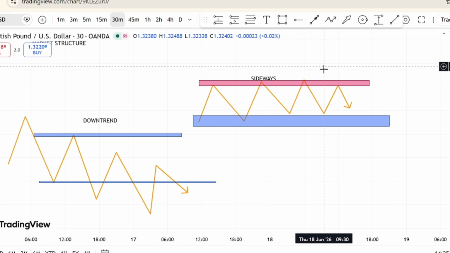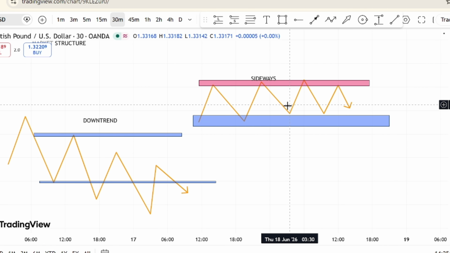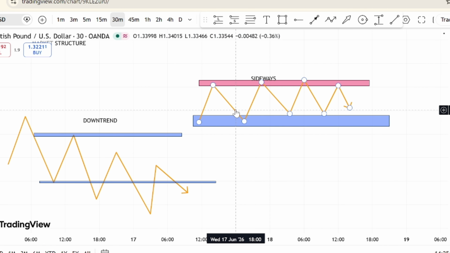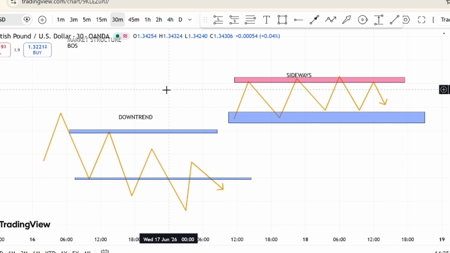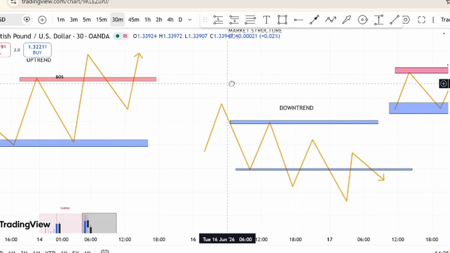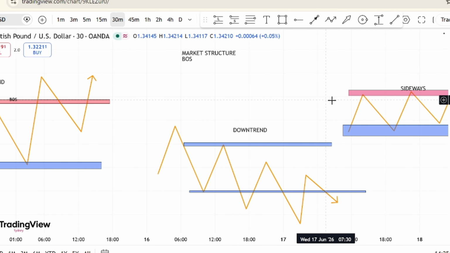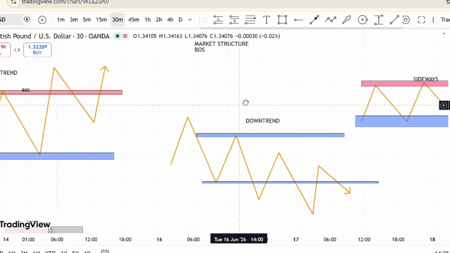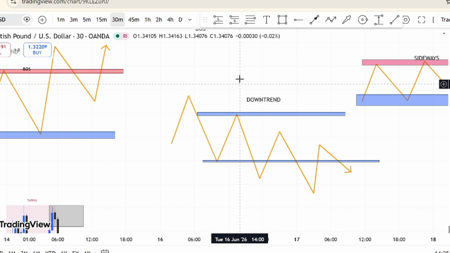But some support and resistance traders can get trades here, when market taps in their support zone or resistance zone, they sell or they buy. Now, we get back to our break of structure. I was just showing you that on the sideways market, you can't get a break of structure, and hence you cannot trade. Now we go to our downtrend.